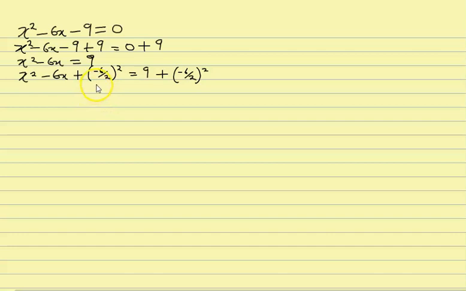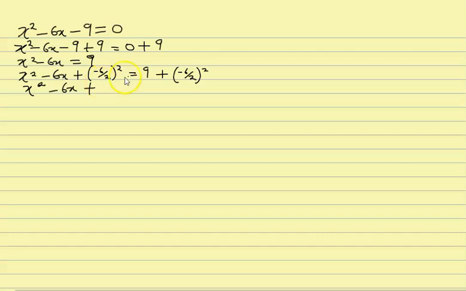So the next thing is to find a way to break down what we have in this bracket. Minus 6 over 2 is just minus 3, and minus 3 squared is the same as plus 3 squared.